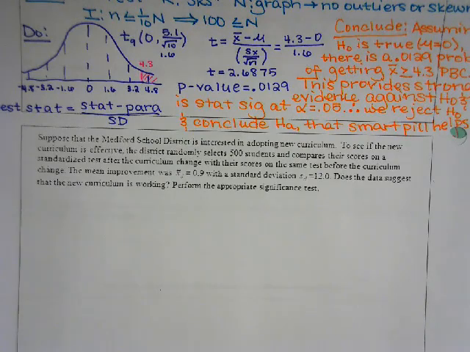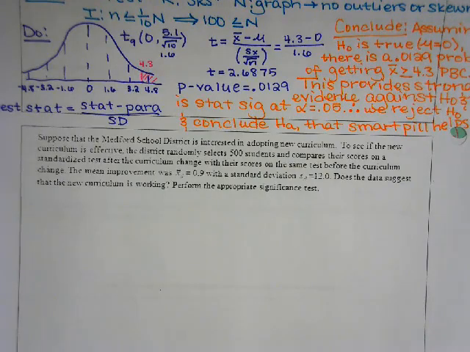The mean improvement was X bar D, that D stands for difference because they looked at the difference in the scores, of 0.9 with a standard deviation of 12. Does the data suggest that the new curriculum is working?